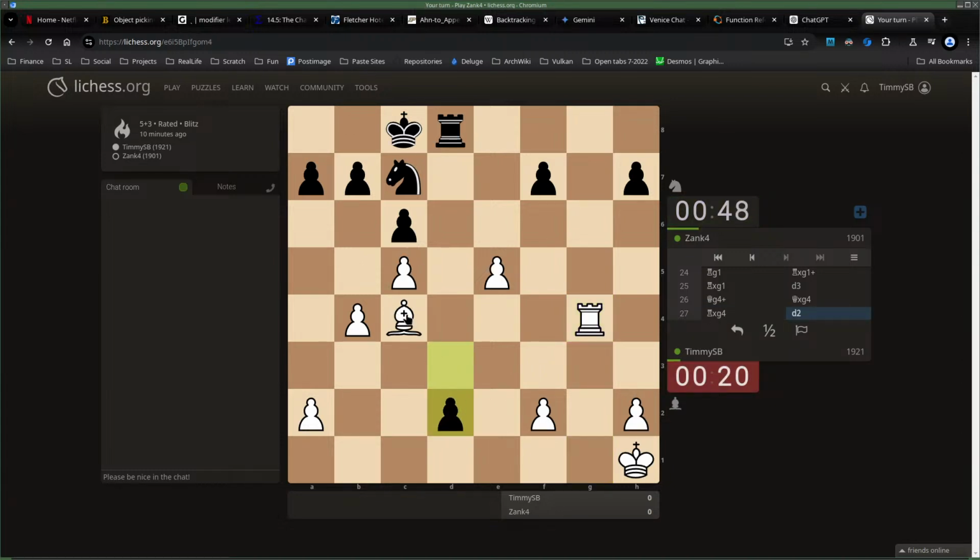Dude, just push the bloody pawn. Yeah, what else? Yeah, that was not good. Definitely not good. Rook here takes everything. Takes that one.